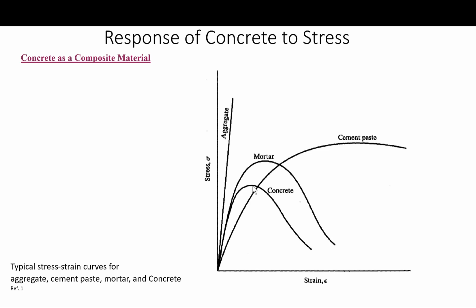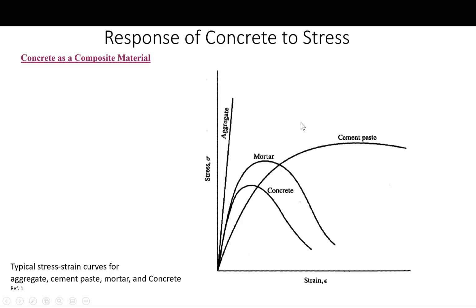All right, so overall, the behavior of the concrete is similar to that of its mortar constituent, while the behavior of both the mortar and the concrete is significantly different from the behavior of either the cement paste or the aggregate, as you can see.